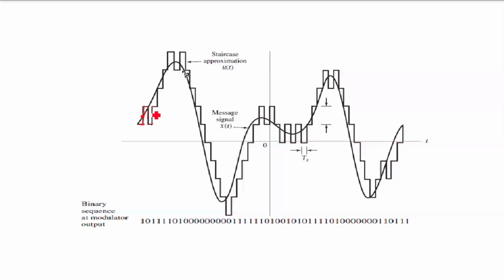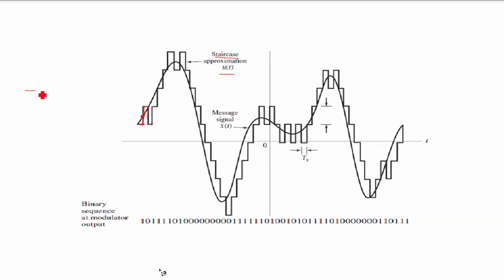It will be incrementing by delta. So based on the difference between the actual sample and its predicted value, this approximation varies, and you can get a staircase approximation.